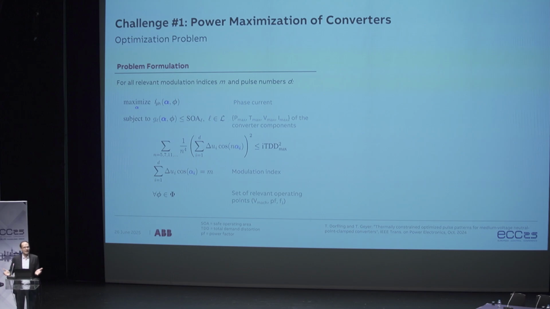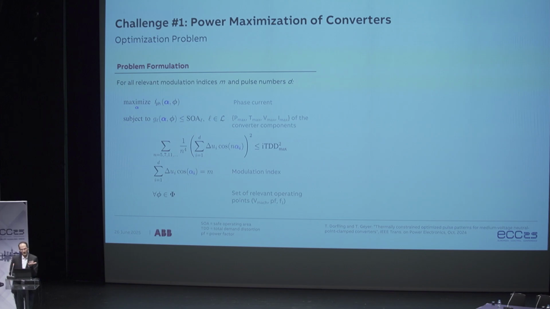And then you end up with a huge optimization problem. So you would pick all your different voltages you want to synthesize, all your different switching frequencies, and then you would say, I want to get the most current out of it, because current is power. Your voltage is given, but if you can push up the current, you will get out more power.